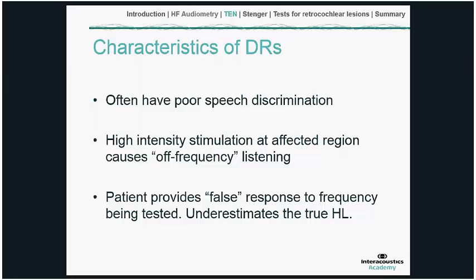But also, because of this notion of off-frequency listening, the part of the basilar membrane that is listening off-frequency will also be expected to detect sounds at its own characteristic frequency as well. So you might expect a degree of neural distortion through the need to carry not only the on-frequency but also off-frequency sounds through the same group of hair cells and neurons.